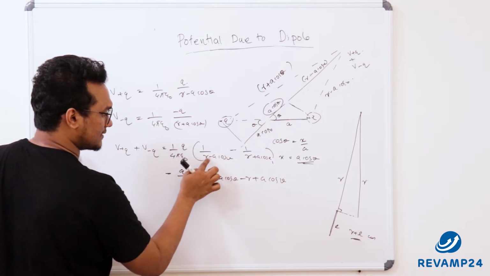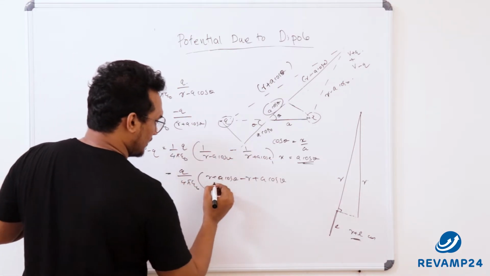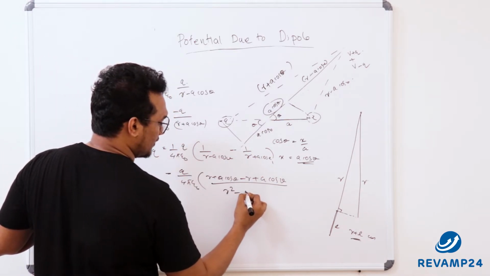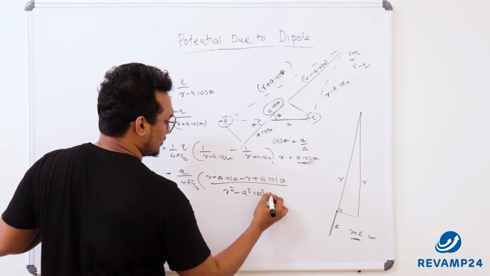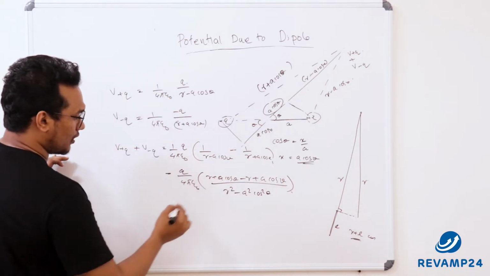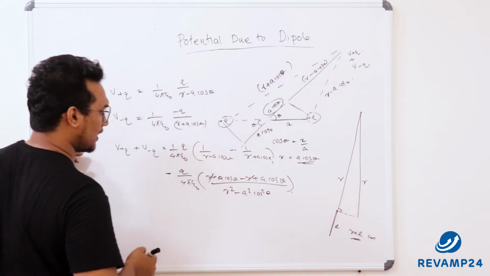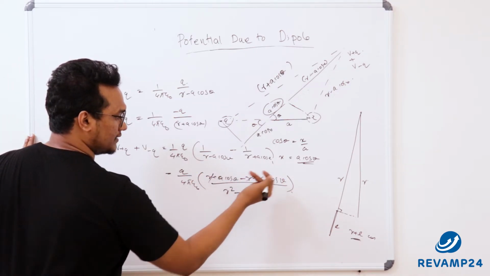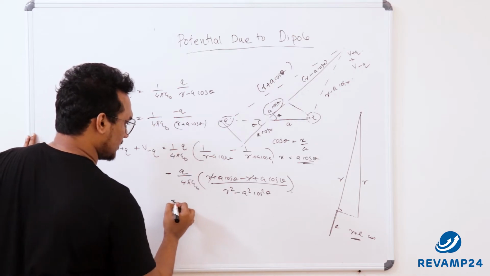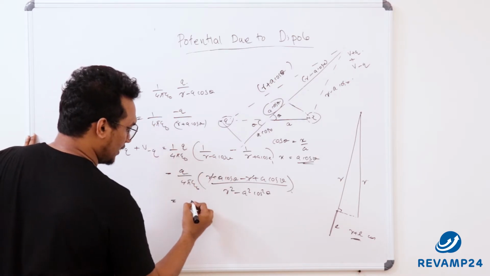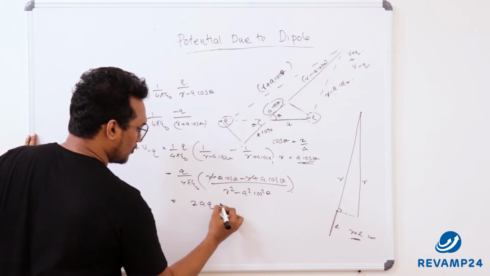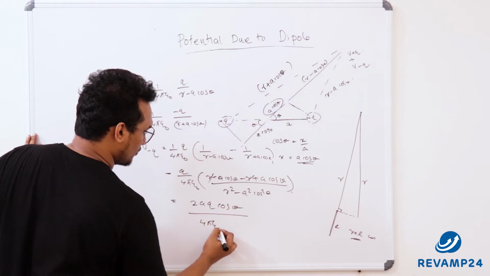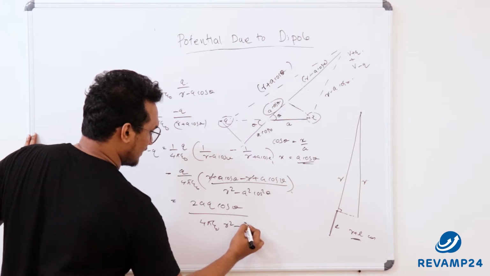So this will become divided by a plus b into a minus b, what is that? r square minus a square cos square theta. Okay, so r and r will cancel. What you have inside? a cos theta plus a cos theta, 2a cos theta. Multiply with q. That will be 2aq cos theta divided by 4 pi epsilon 0 into r square minus a square cos square theta.